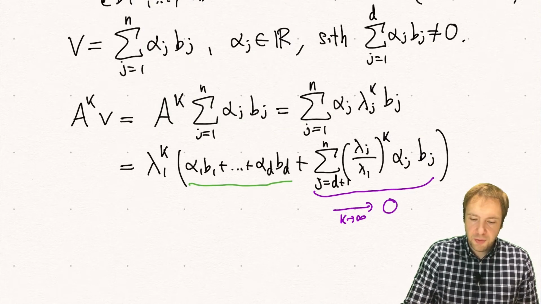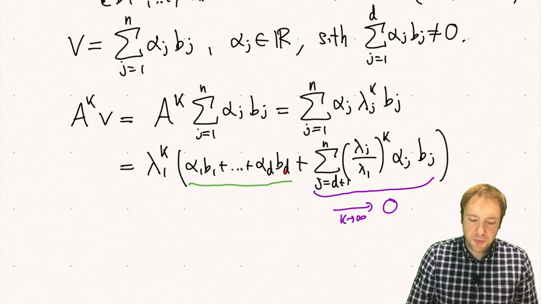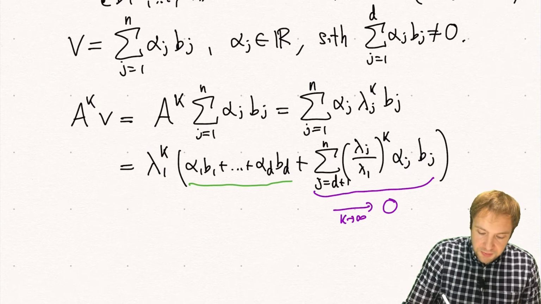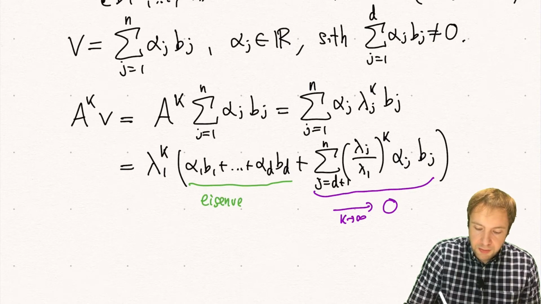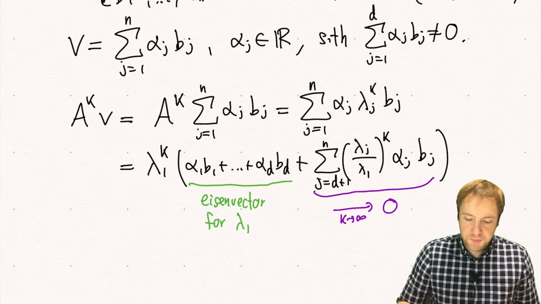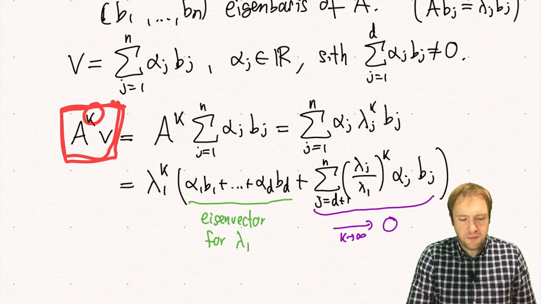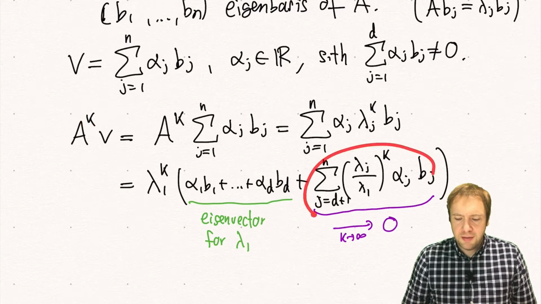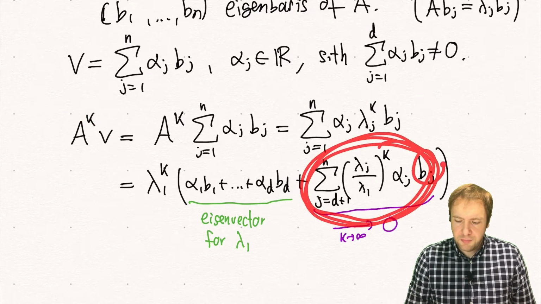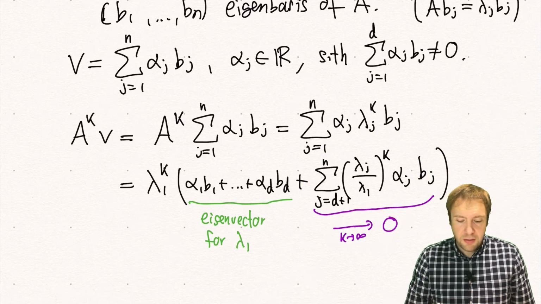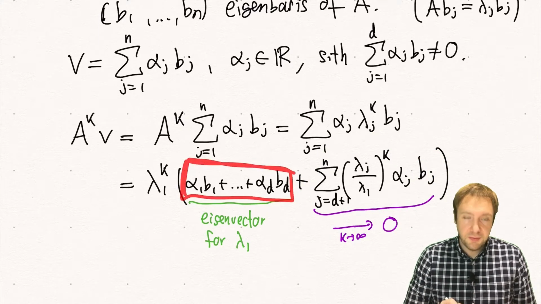Because all these b_1 up to b_d are eigenvectors for eigenvalue lambda_1, this here is an eigenvector for lambda_1. So we see that if we look at this product here with a large k, then the contribution of the eigenvectors for other eigenvalues gets quite small, and the main contribution is this part here.